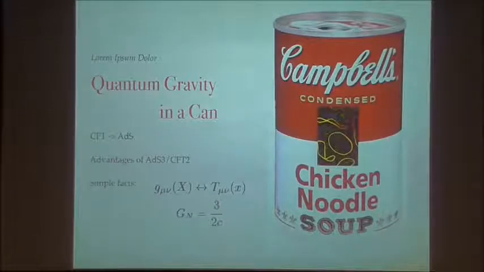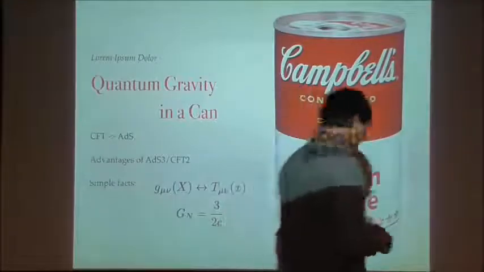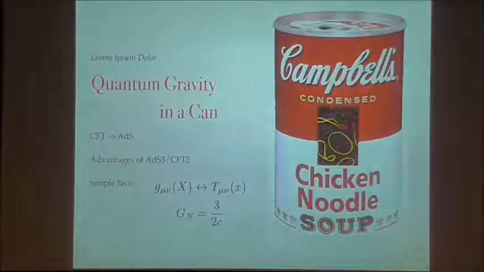So it will allow us to try to understand what quantum gravity is from what we know about the conformal field theory that lives on the boundary. In this talk, I will be focusing on the case of three-dimensional AdS and two-dimensional CFT. The reason is that this is probably one of the simplest incarnations of this duality.